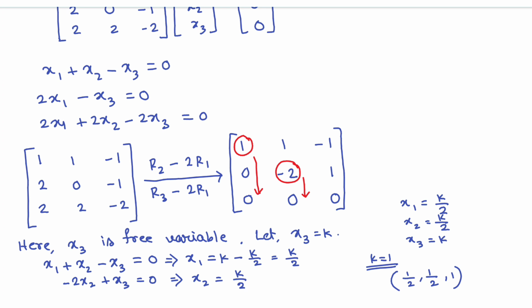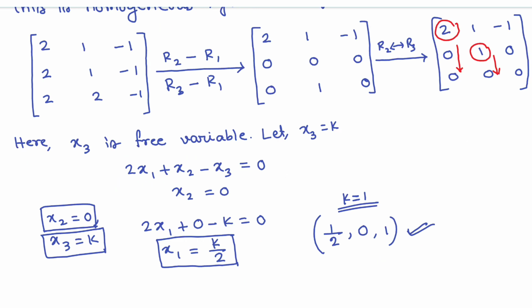Because here the question is to find the eigenvalue and eigenvector, so we just find one eigenvector for the corresponding eigenvalue. That's why we need just a single eigenvector, and that's why we are putting k equals 1. If you write the eigenvector in this form, k by 2 comma k by 2 comma k, again this is correct. Okay, so now the final answer, what are the eigenvectors?